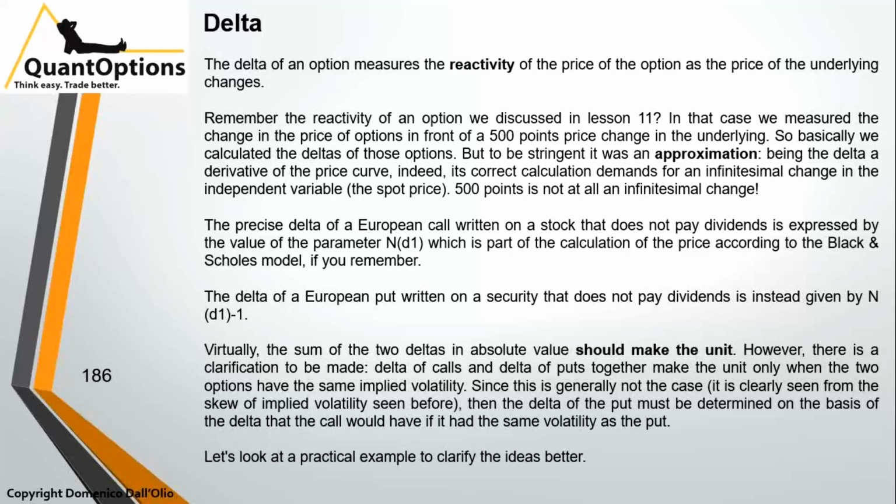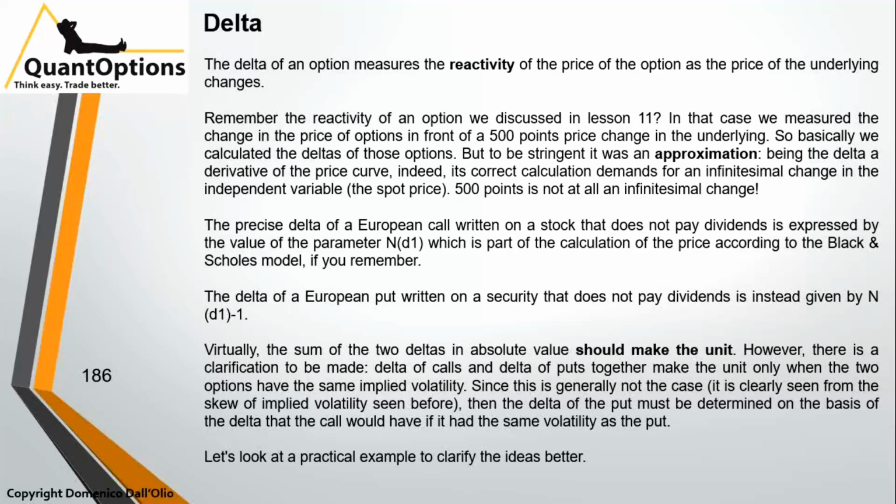The delta of a European put written on the same security that does not pay dividends is given by N of D1 minus 1. Virtually, then, the sum of the two deltas, the delta of the call and the delta of the put, in absolute value should make the unit, because the delta of the put is negative.